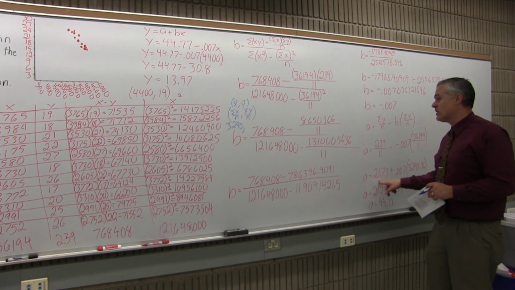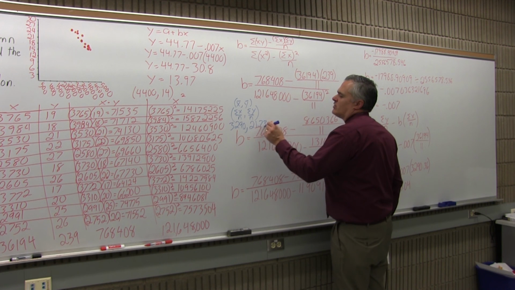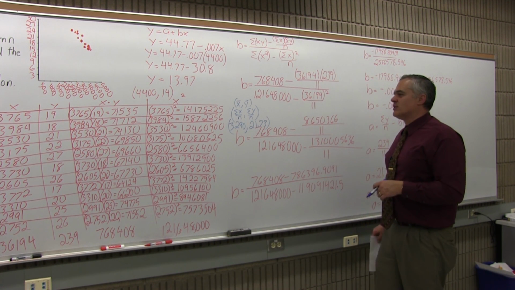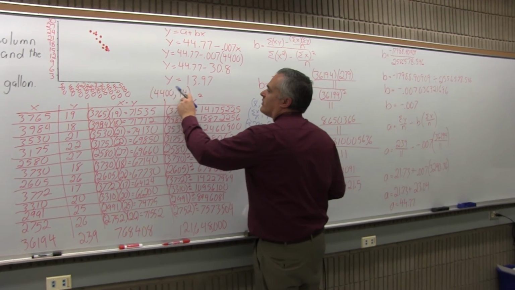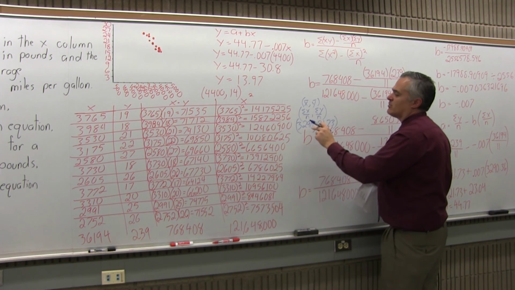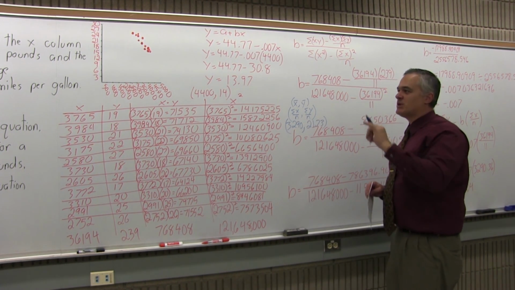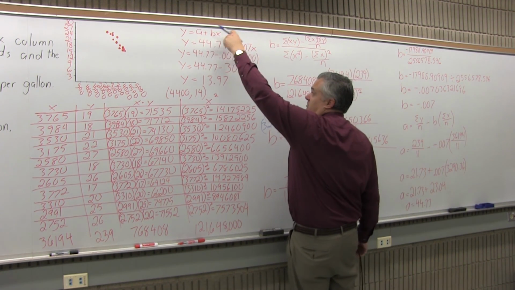It came out to 21.73. And in terms of our graph, I'll just hit the graph at a height of 22. So we have 1 point over 4,400 up 14, and we have a second point over 3,290 up almost 22. Give me my 2 points, I'll connect them, and I'll have the graph of my y equals a plus bx equation.